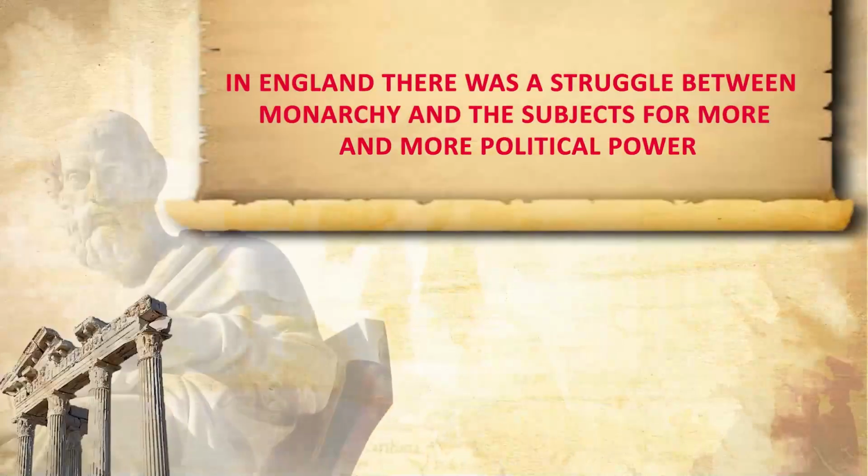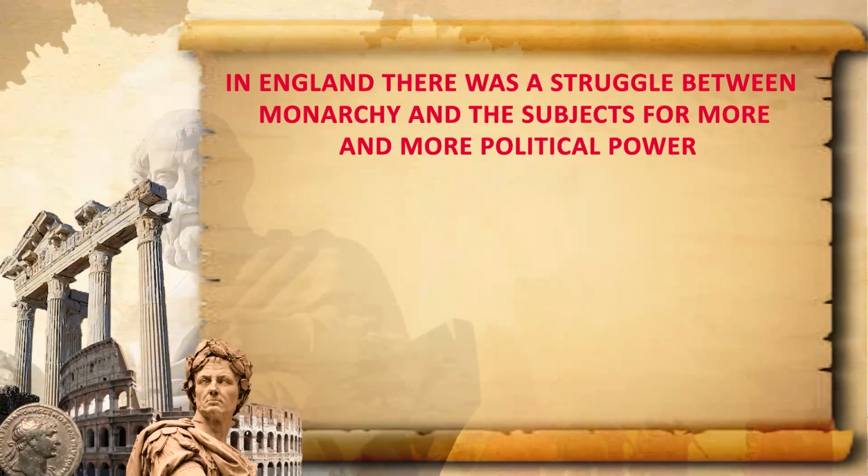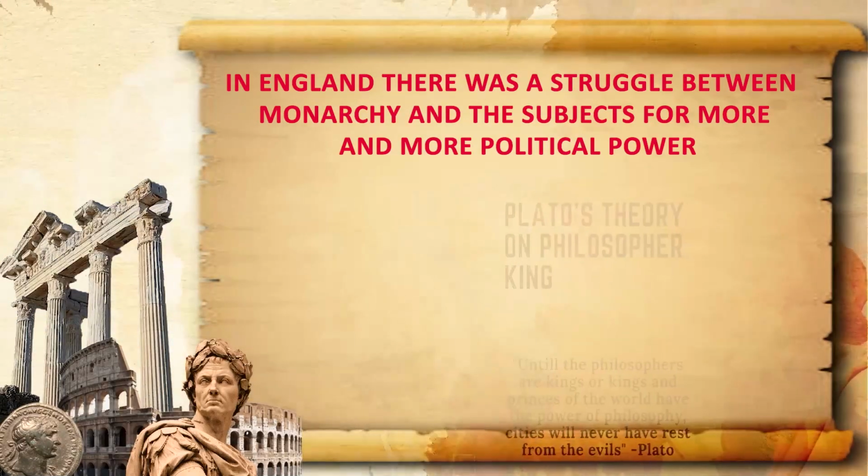And it was a struggle for political power. What we find in England from the very beginning of the 17th century was an example of this struggle. We find in England a struggle between monarchy and the subjects for more and more political power.